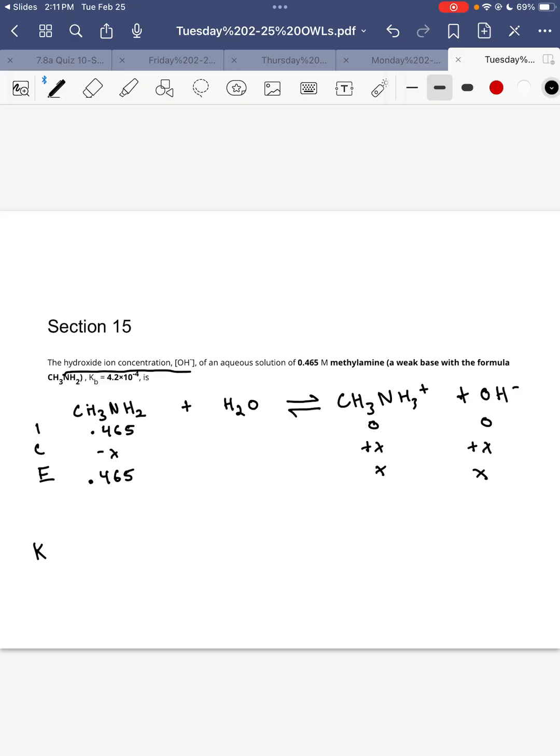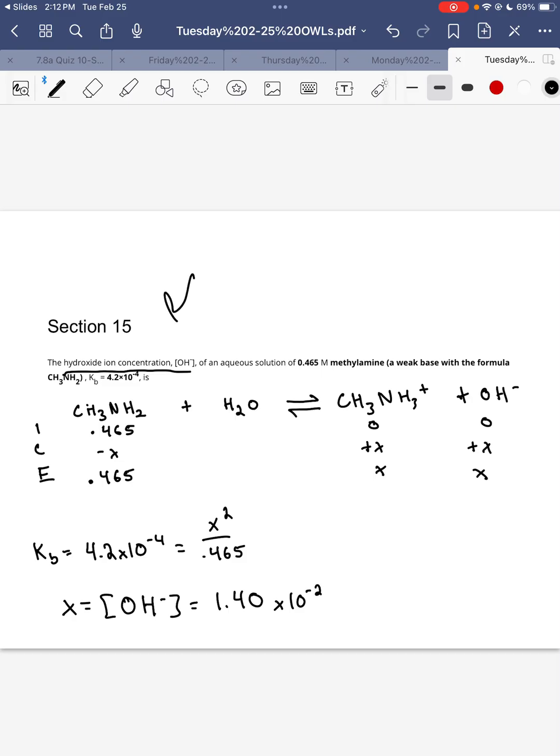I have my Kb, which is equal to 4.2 times 10 to the negative fourth. So I can say that equals x squared over 0.465. That means x is going to be equal to my concentration of hydroxide ion, which is equal to 1.40 times 10 to the negative 2.